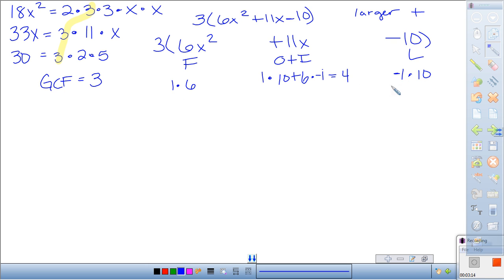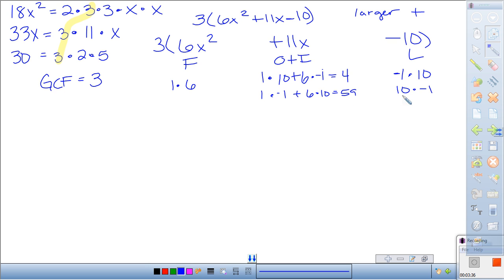So we'll try switching these since that didn't give us the number we wanted. We'll do 10 times negative 1. So outer 1 times negative 1 plus inner 6 times 10. 6 times 10 is 60, 1 times negative 1 is negative 1, so we get 59. Also doesn't work, way too big.